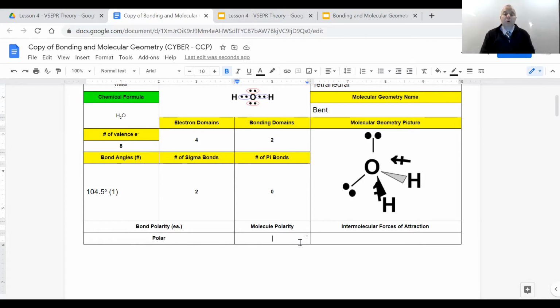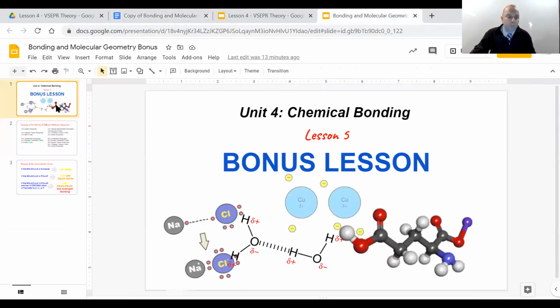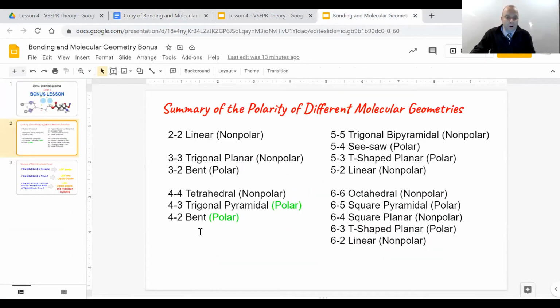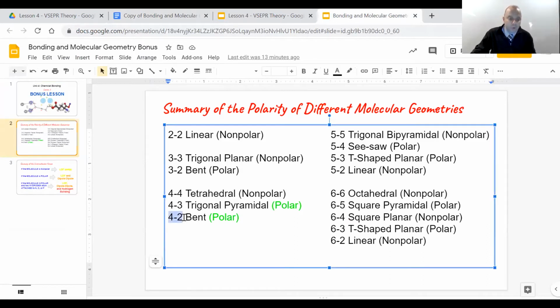For the molecule polarity, I went and made a shortcut guide here. So for the molecule polarity in this case, we're going to look for our combination of electron domains and bonding domains. That was 4-2. So we're going to pick out this one right here. I'm just going to change the color of it so it stands out a little bit for us. So we're going to go with that 4-2, which we called bent, right?